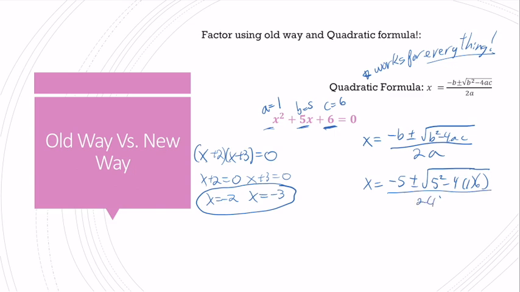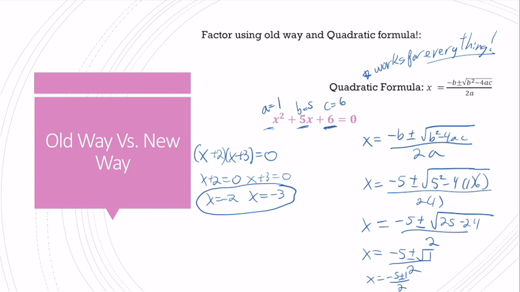Now that we've substituted in, we simplify. x is negative 5 plus or minus the square root of 25 minus 24, all over 2. So x is negative 5 plus or minus the square root of 1, divided by 2. x equals negative 5 plus or minus 1, divided by 2.